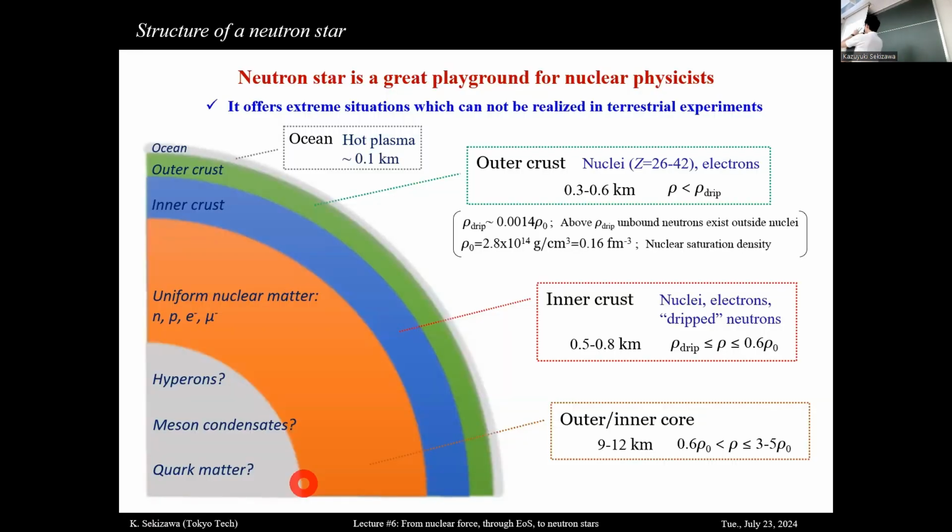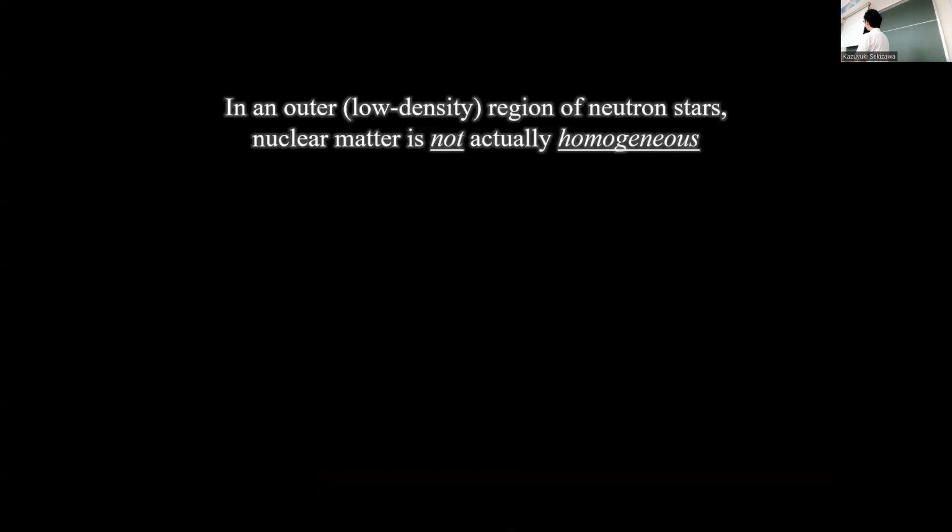Okay, so this is just a global view of what's inside the neutron star. So, let's look more carefully at what is going on in the crust region. In the outer layer, or low density region, of neutron stars, actually nuclear matter is not homogeneous or uniform.